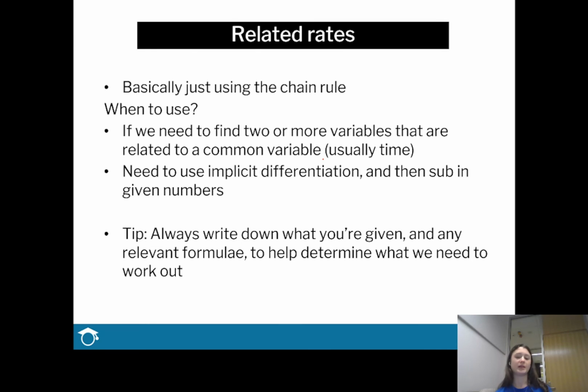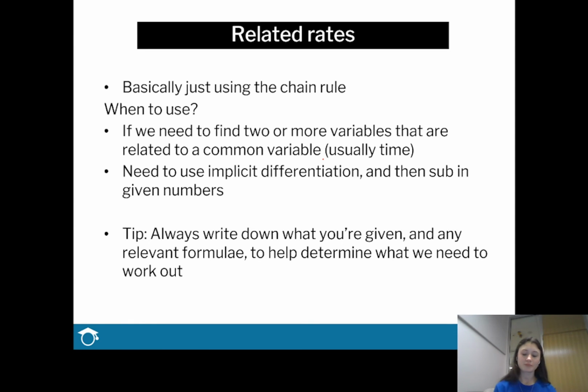So most of the time we need to use implicit differentiation and then sub in the given numbers. And related rates are, I feel like, one of the most enjoyable topics of specialists. I always find it really fun to come up with all the different equations, kind of like optimization, where you need to play around with different formulas and concepts and stuff. I really love related rates.